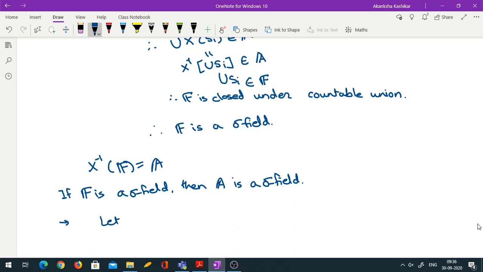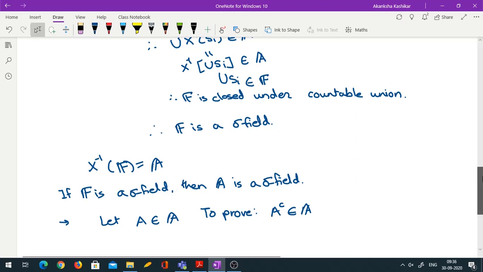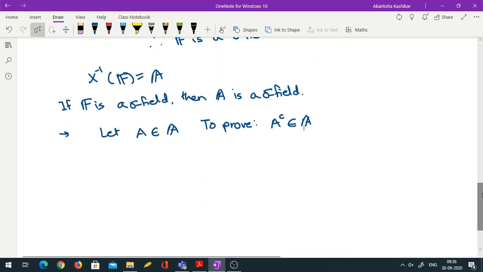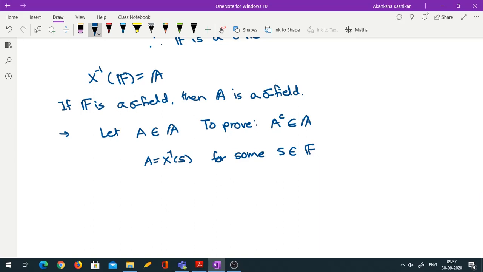So let A be in script A. What we want to prove is A complement is also in script A. Now, A is in script A means A is equal to X inverse of S for some S in F. Otherwise, A can't be in script A because script A is nothing but the collection of inverse images.